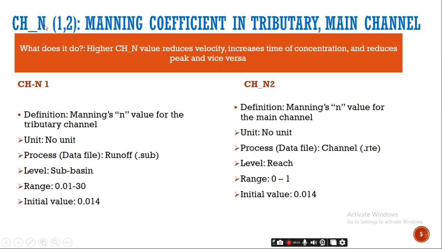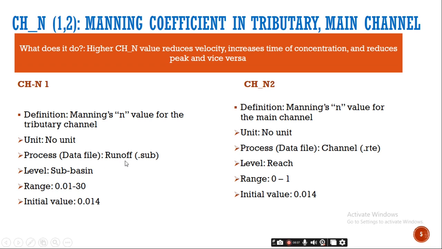Then after that, CHN1 and CHN2, the Manning coefficient. CHN1 means the Manning coefficient for tributary channels, and CHN2 means for the main channel, and both have no unit.